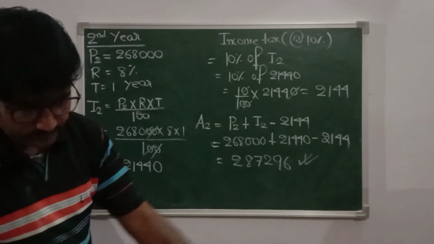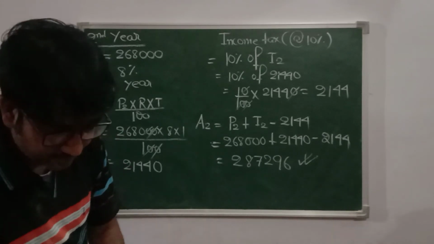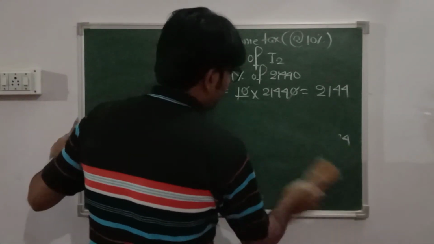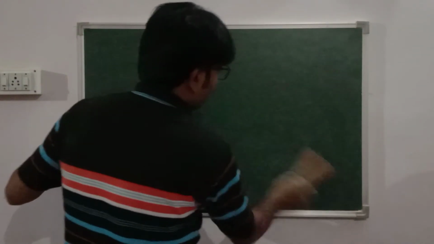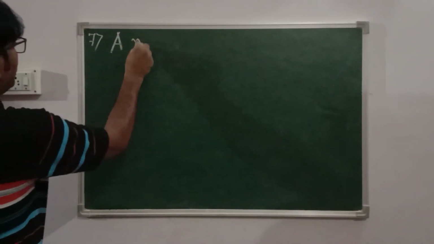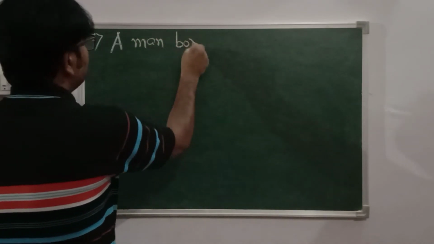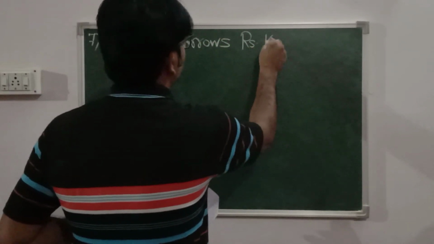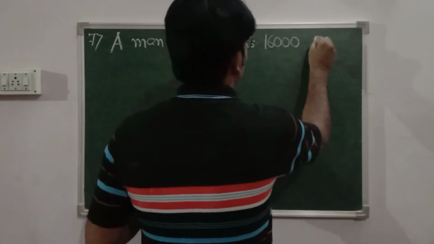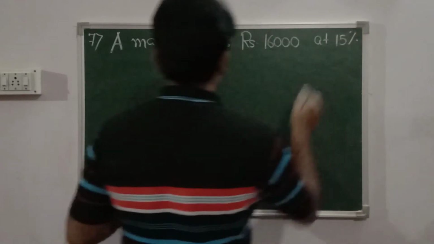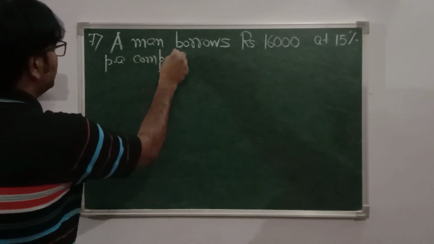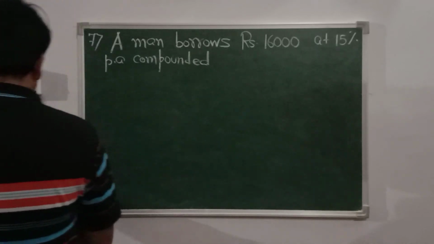So now we move on to the next question, that is question number 7. A man borrows rupees 16,000 at 15% per annum compounded annually.